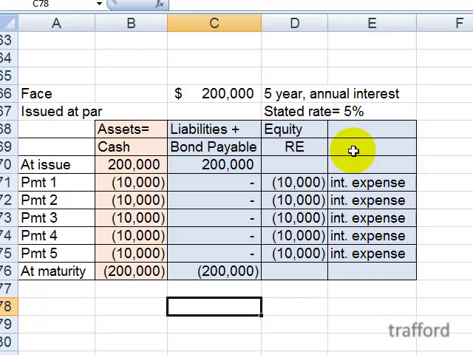The underlying accounting, though, is still as simple as this. The corporation has borrowed money, they're going to pay it back, and in the meanwhile, they're making interest payments.